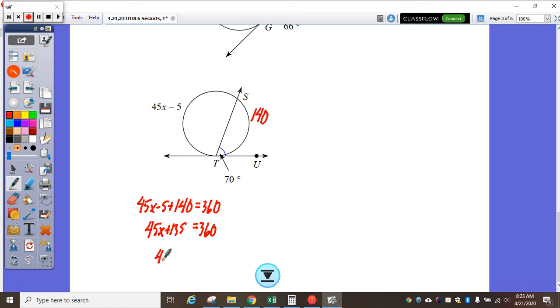So 45x equals 360 minus 135. That gives me 225. And so 225 divided by 45, x is going to equal 5. All right.